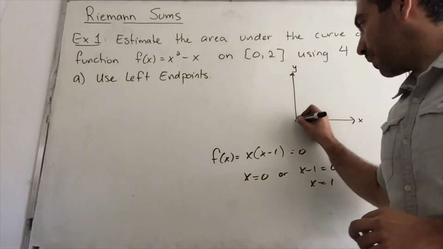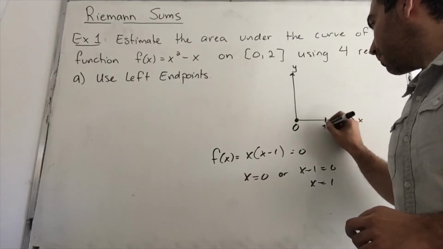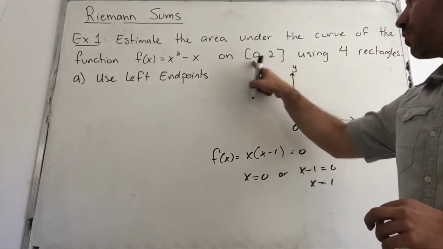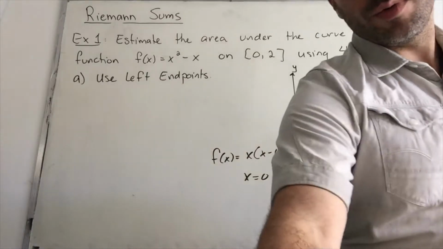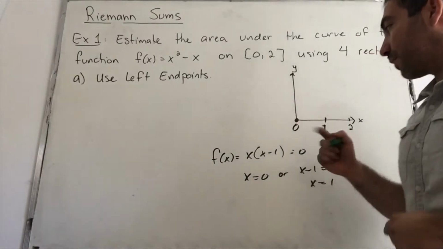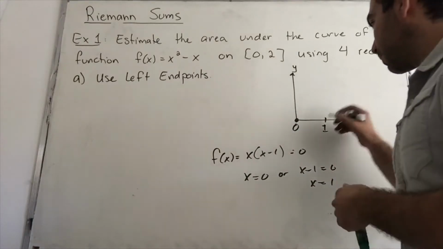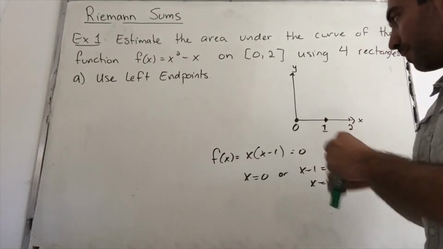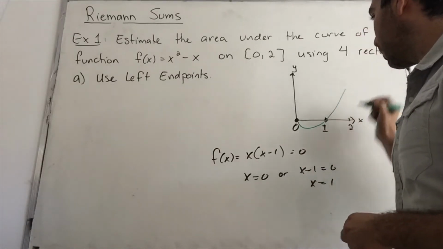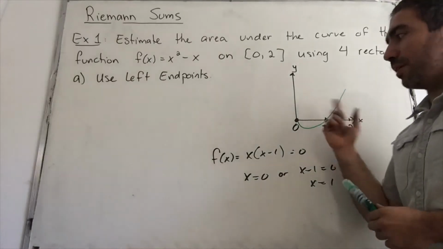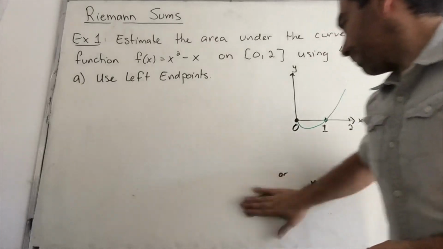So we know this is going to pass through the origin, 0, and it's going to pass through 1. We just care about the interval from 0 to 2. So this is going to look something like, we know it's opening upwards, and it's passing through these 2 points, 0 and 1. So the only way for that to be possible is if it looks something like this. Okay, just to have an idea. Okay, so we'll keep that in mind.